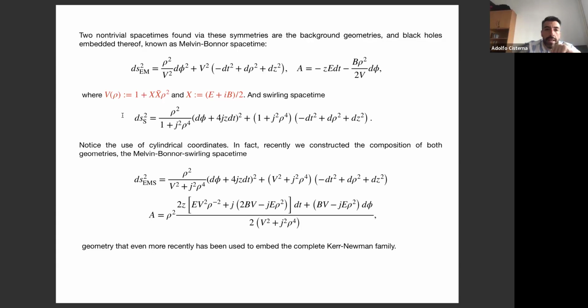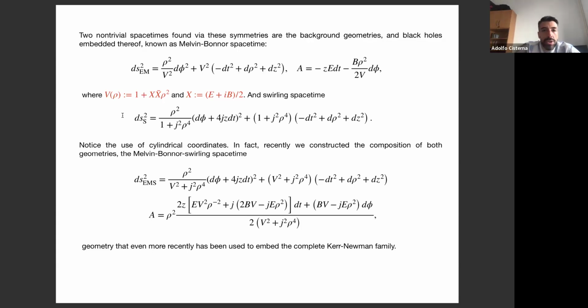But then in a paper of Gibbons, Pope and someone else, they were studying the ergosphere of a magnetized Kerr-Newman black hole. So basically you have a magnetic field all over the spacetime and you put a rotating charged black hole. With this technique, you get the metric in closed form. It's a huge expression, but it's manageable. And they understood that there was something like a swirling spacetime there, but they didn't know what it is.